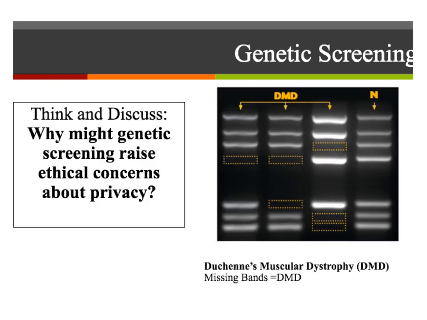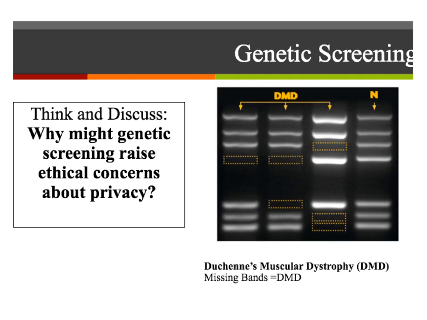As a preview to those ethics cases, why don't you jot down some things in answer to the question, why might genetic screening raise ethical concerns about privacy? This also goes back to some of the things that we discussed when we watched the movie Gattaca. One of these genetic screening tests is for muscular dystrophy.